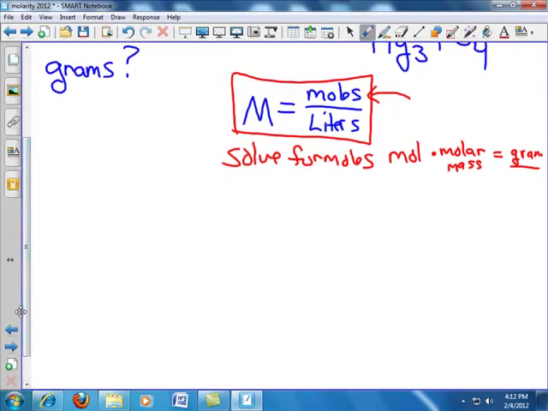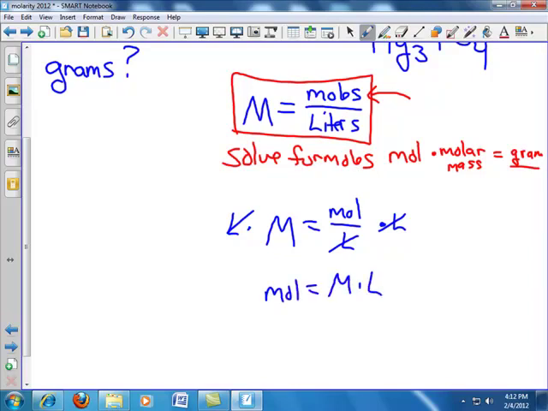So as a little sidebar down here, okay, I'm going to take this equation. I have molarity equals moles per liter. To solve this for moles, I'm going to multiply both sides by liters. That would cancel that out. So in order to calculate moles, moles would be molarity times liters. I don't know why I canceled that out because I just put it over there. Okay, well I have the molarity. The molarity was given in my problem.